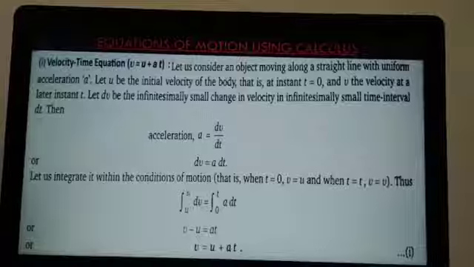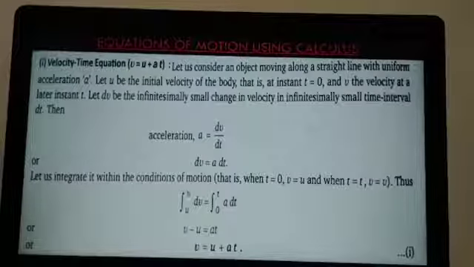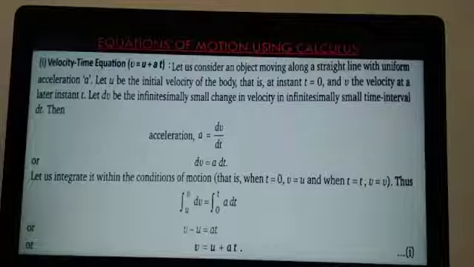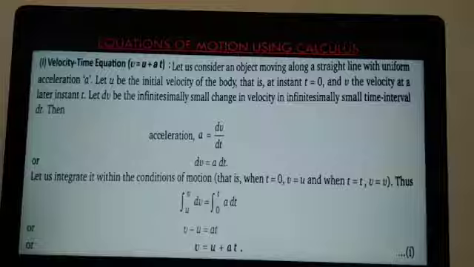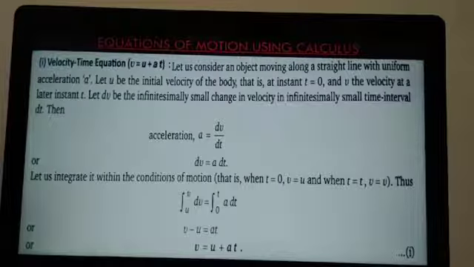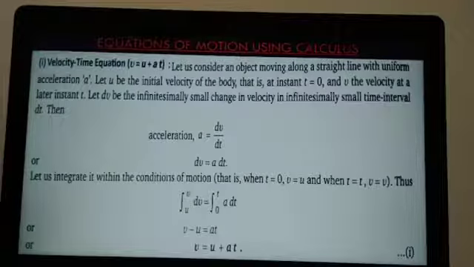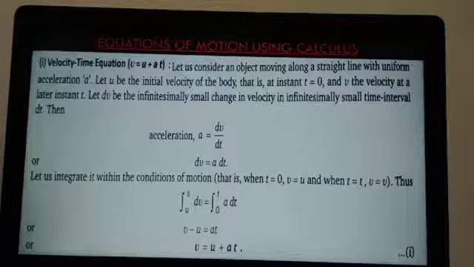See, when time varies from 0 to t, what about the changes in v? When t is equal to 0, v is equal to u. When t is equal to t, then v is equal to v. So on the left hand side you are having the variation in v. So v can vary from u to v.